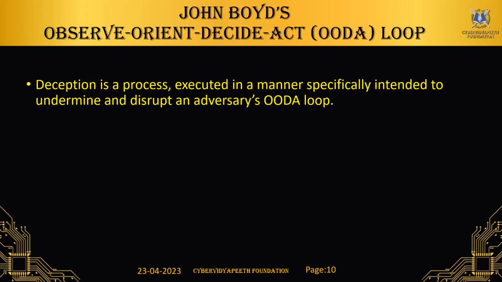So the 4 components, the OODA loop: observe, orient, decide, and act. These 4 components for the adversary, we need to breach them, we need to deceive them in all the conditions. We want them to observe what we want them to observe. We want them to orient what we want them to orient. We want the adversary to decide what we want the adversary to decide.